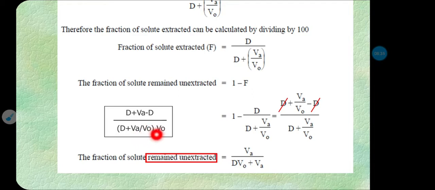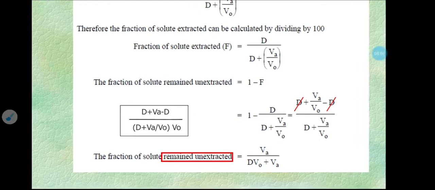This Vo and this Vo will also be cancelled. So we get the final equation, that is the fraction of solute remaining unextracted is equal to Va divided by D into Vo plus Va.